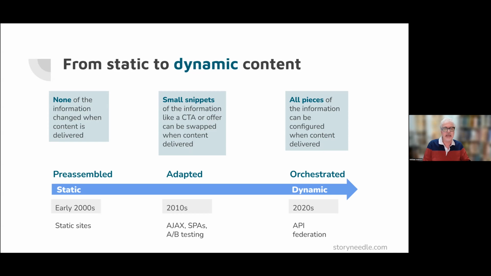And that's being enabled by something called API federation. And this is really kind of a way, think about it as like knitting together different strands of content that are coming from different places. And I'll show you conceptually how this is happening in the background in a moment.